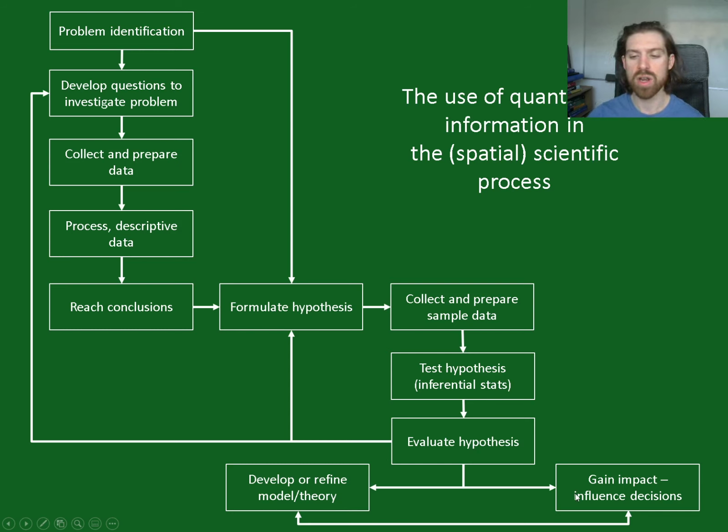And the last unit, so this is the last session for Unit 2, has introduced inferential statistics, so essentially how we collect and prepare data, how we test formal hypotheses that we make and then evaluate them based on the statistical results that we obtain. And hopefully once you've got that information, you're either able to return to the theory or the model that you're developing, or you're able to make judgments about the world, and hopefully that will inform your decision making and make the world a better place. That's what we're here to do.